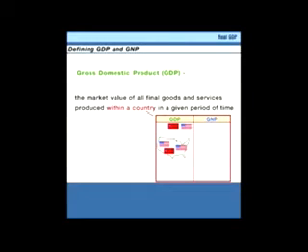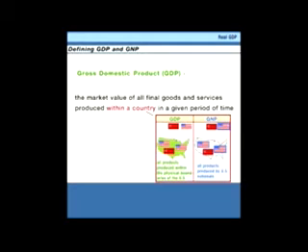The difference is that the output that is produced physically within the borders of the United States is called gross domestic product. That's the output that's produced domestically, even though some of the workers who are contributing to its production are not American nationals. Gross national product, on the other hand, for the United States, refers to the output of all U.S. nationals wherever they are, either in the United States or in foreign countries.